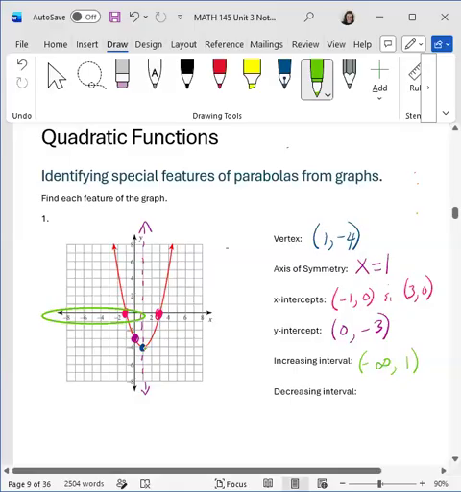Okay, then if I trace over my parabola on the right-hand side, so from the vertex moving to the right, notice that it's going uphill. So this is an increasing interval. Oh, I just reversed this. This was my decreasing interval. Sorry about that.